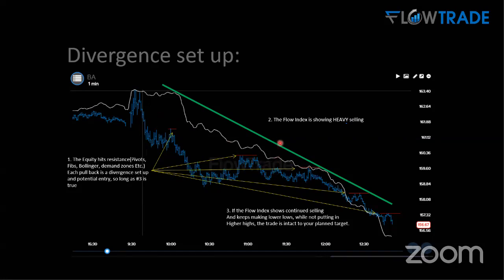So if the flow index shows that continued selling and keeps making those lower lows, well, then the trade is intact, at least until your planned target, unless you're trying to take it to zero, which we don't want to get too absurd with things. But the main point here is that the algo will help you with the confidence to stay in that trade for the duration of the trade.